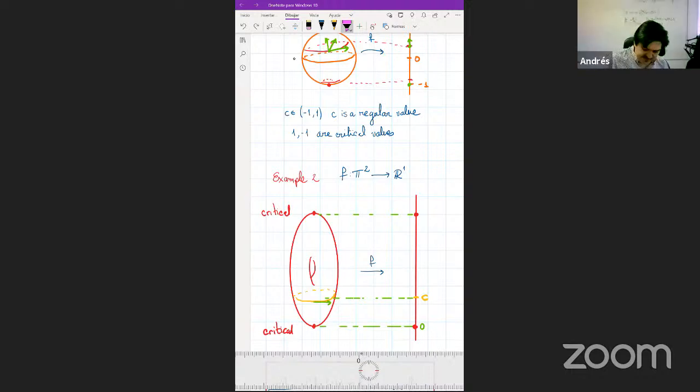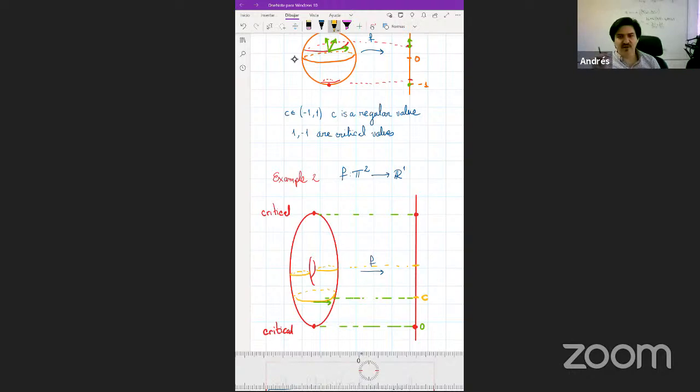Right? If I'm around here, I get this circle and this one, right? I get two circles. My pre-image is not connected anymore, has two components, and those two are circles, right?